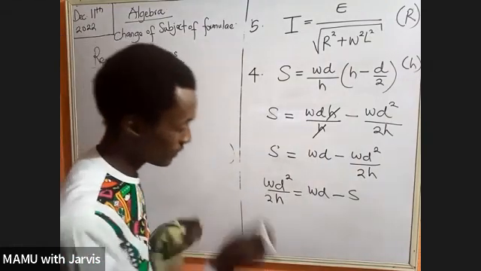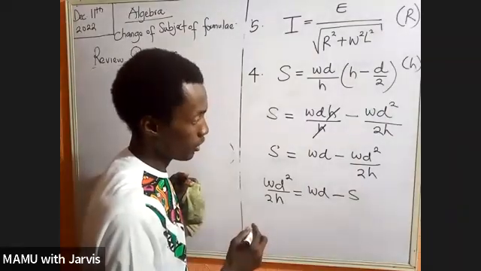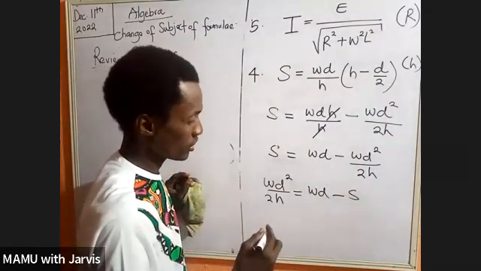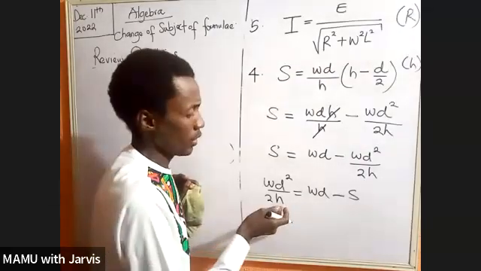And with that, look at what's going to happen now. Because remember that I'm trying to look for H. So I'm going to apply what I did before, the concept of what happens to the left hand must happen to the right hand.